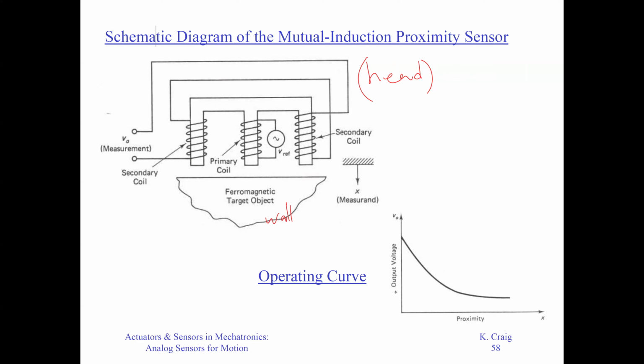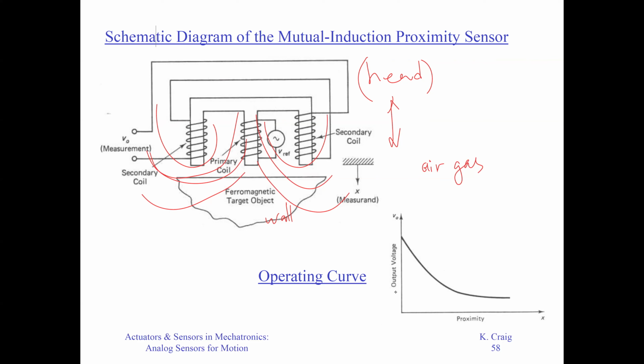Because you have a magnetic field, when you have a motion up and down, the air gap is changing. You can imagine that because the distance x is changing.